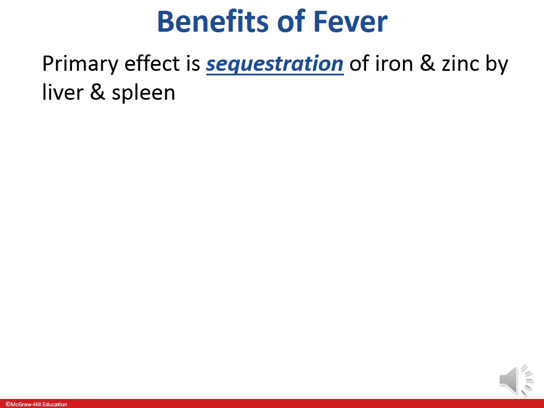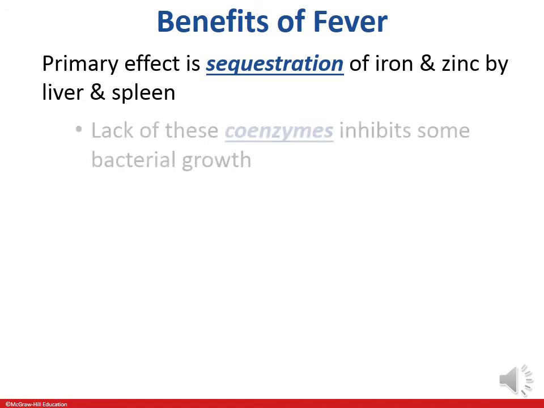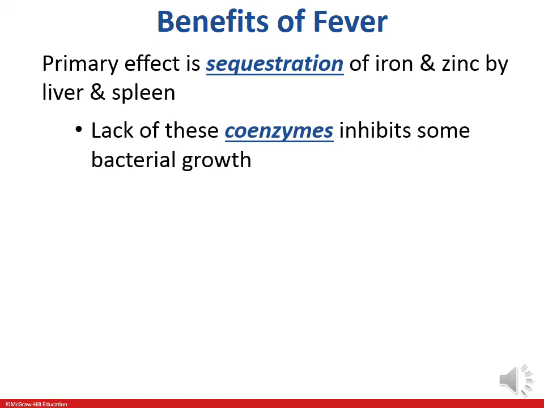And so by raising the body temperature, you cause these proteins in the liver and the spleen to sequester, or basically lock up, iron and zinc and keep it out of circulation. And this is to keep those cofactors or coenzymes away from bacteria. So if you recall, for them to replicate, they need enzyme activity.